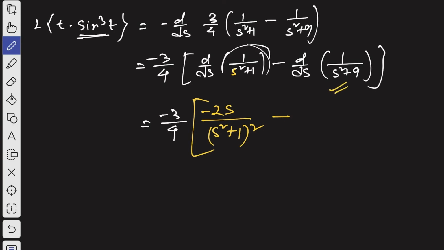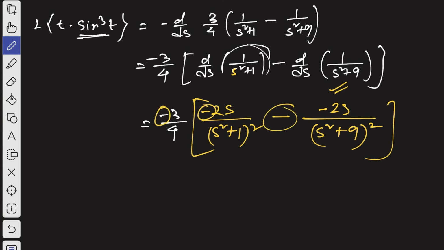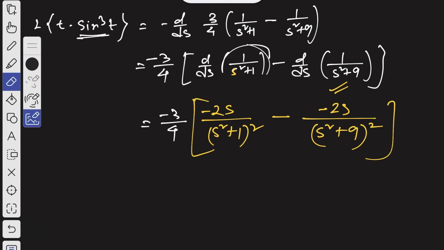Similarly, if you differentiate this, you should get minus twice s by (s square plus 9) whole square. That's what you will get. Then if you multiply the minus sign with this, the negative sign will become positive. So hope you have understood this.